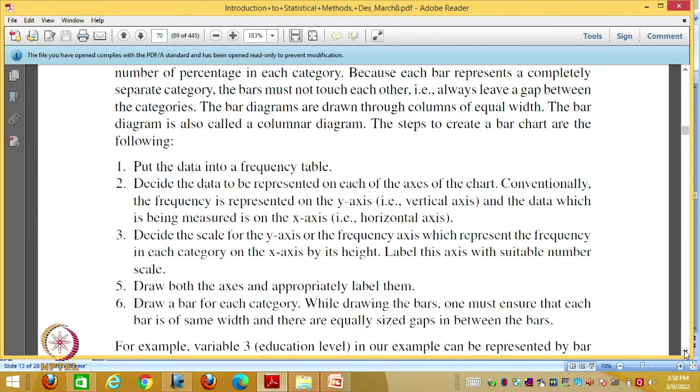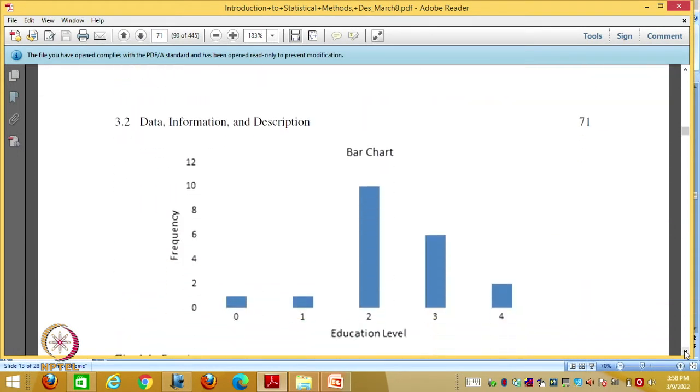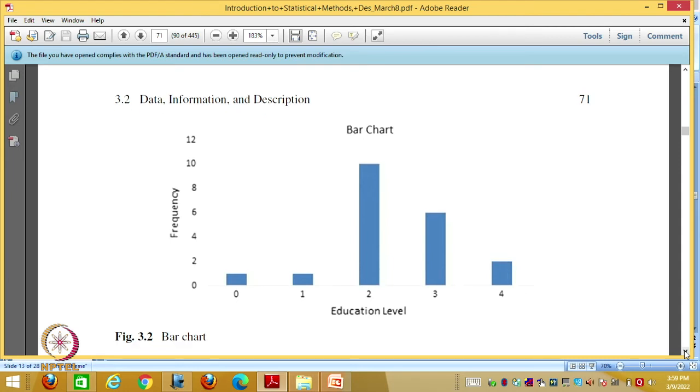And another one is the bar chart. Yes. So, one can represent the different education levels and how many officers have each education level, and that becomes the bar chart.